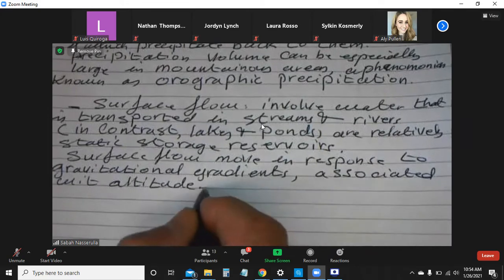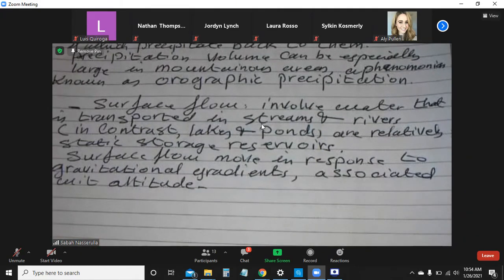Now, the other point: most of the water from streams and other surface flow will end up in the ocean in one way or another.